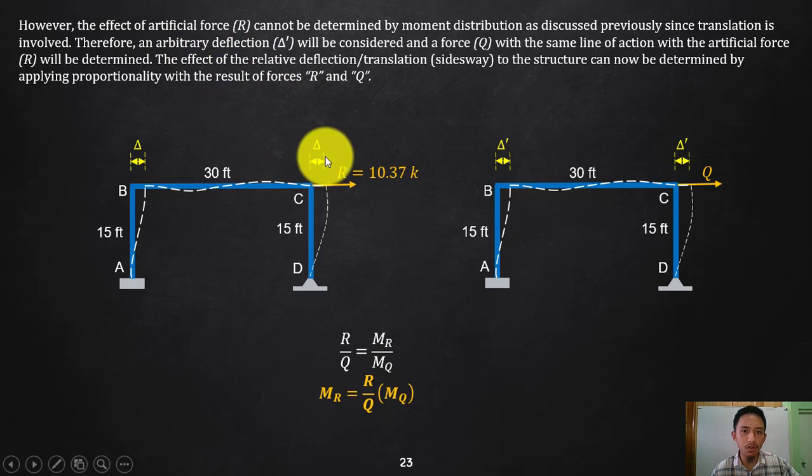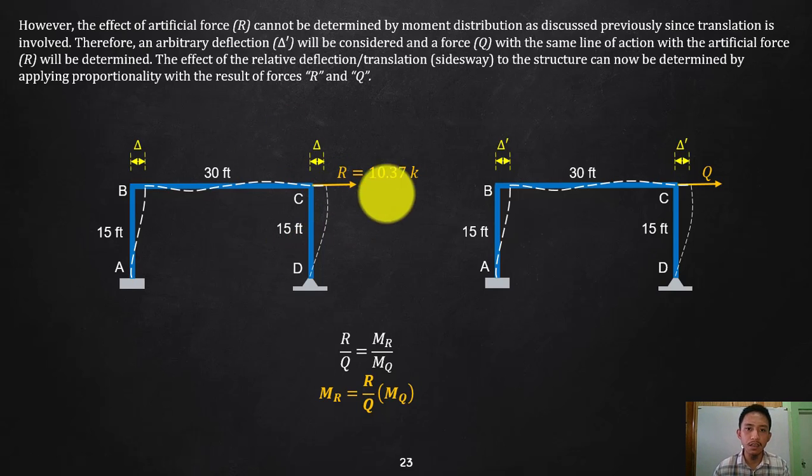We will now go back to the effect of the original delta by applying ratio and proportion, or proportionality, with the forces R and Q. If you try to recall the unit load method, applying a unit load will have the same effect, only smaller compared to a bigger force. So that is how we analyze a unit load.